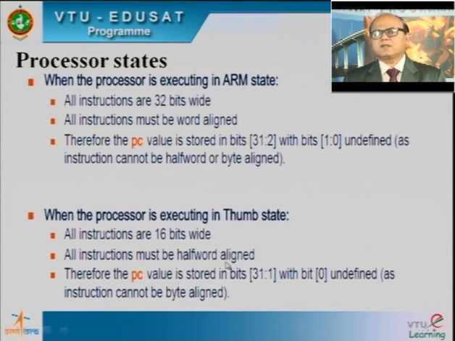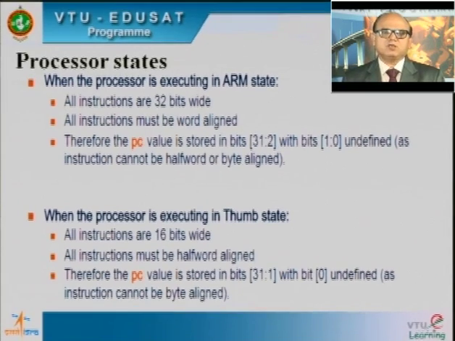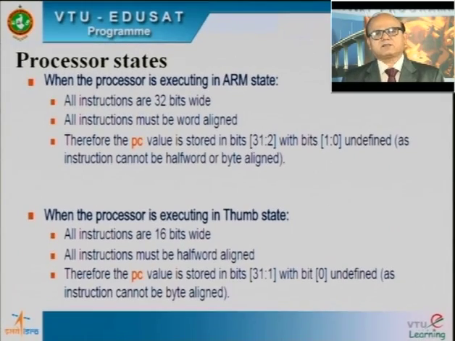For example, if a word comprises byte addresses 0, 1, 2, 3, the half word aligned instructions should start loading from byte number 0 or byte number 2. So any byte address divisible by 2 should be the starting byte from which the Thumb instructions get loaded.